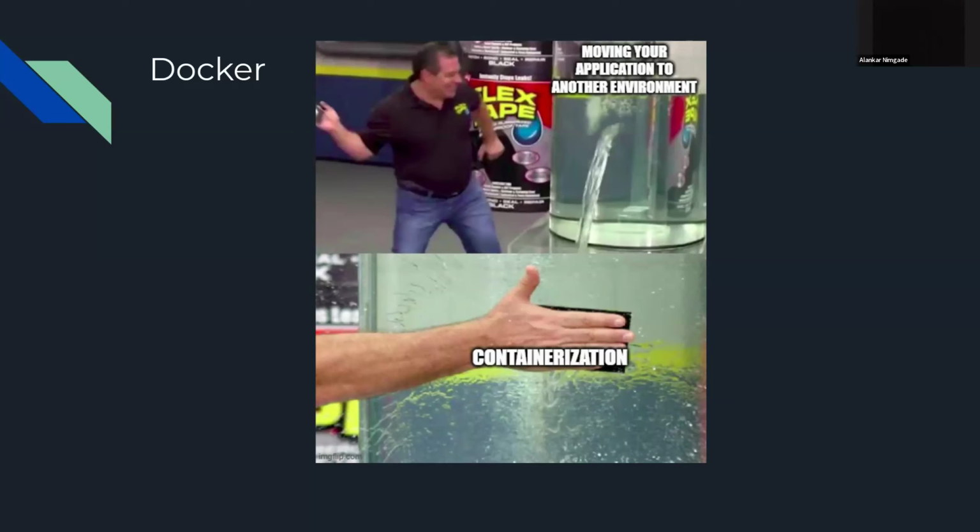You have environment consistency with that. You can just promote your Docker image to another environment, and it is easy and lightweight. It solves so many problems in your environment.